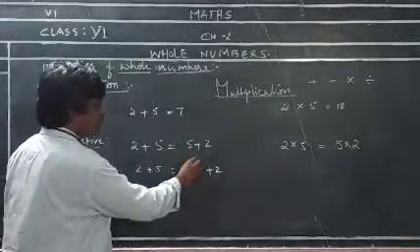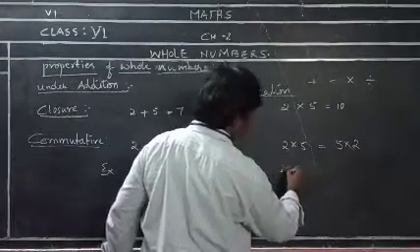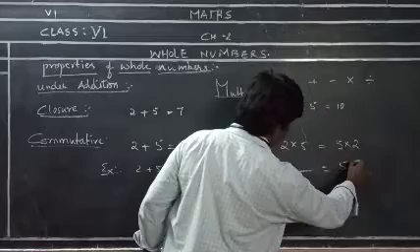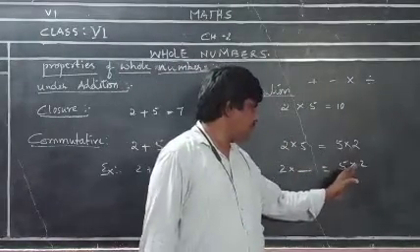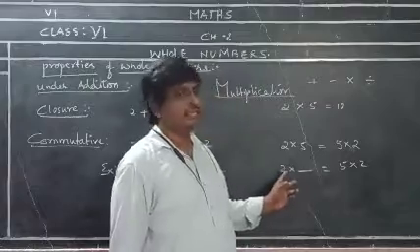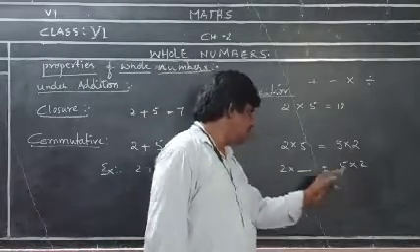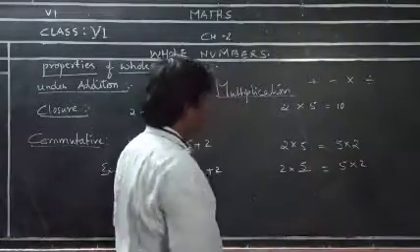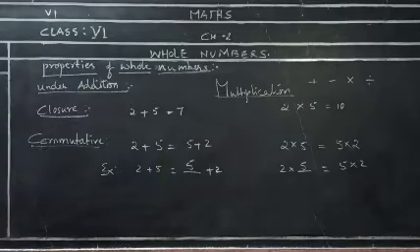You will get 5 plus 2. Similarly, 2 into dash is equal to 5 into 2, which means the interchange of 5 into 2 is 2 into 5. In this way we will fill the blanks by using the commutative property.